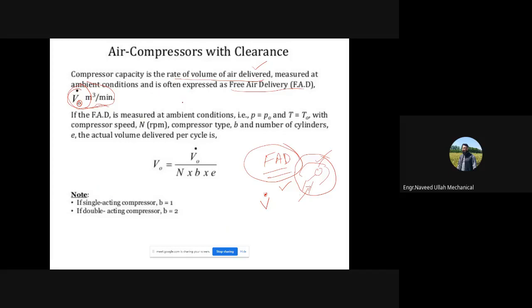Ambient condition means ambient temperature and pressure, which is why we call it free air delivery, FAD. This is actually the term.